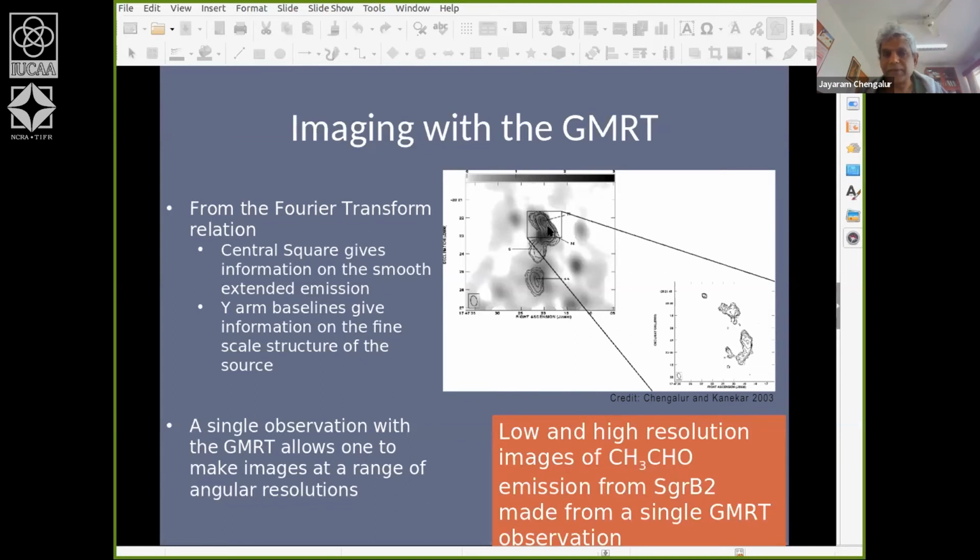There is, in fact, also diffuse emission, which is widespread through the cloud. The molecule is actually present everywhere in the cloud. It's just that there is some concentration over here, which gives me this fine scale structure, where I'm seeing these variations in concentration or variations in emissivity, which are concentrated in those parts.